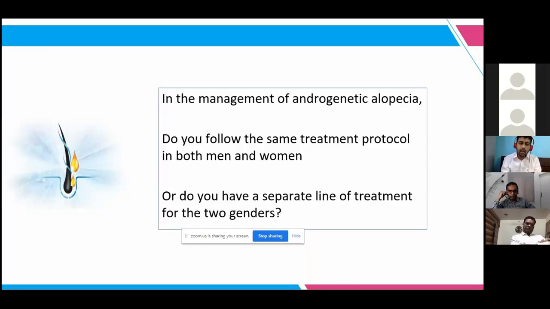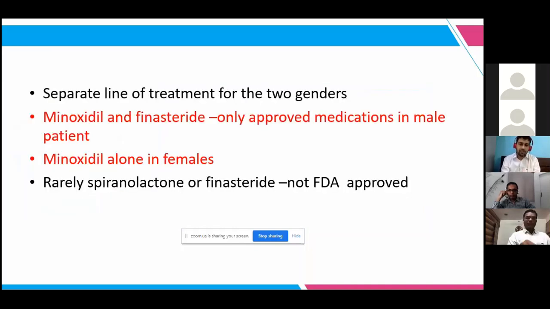Women usually are maintained on topical minoxidil with nutritional supplements, and then some add-ons like shampoos, conditioners, depending upon the patient's profile and willingness to use them are added. So that's more or less how we would start.